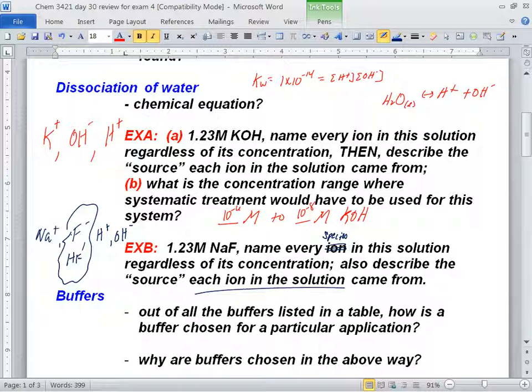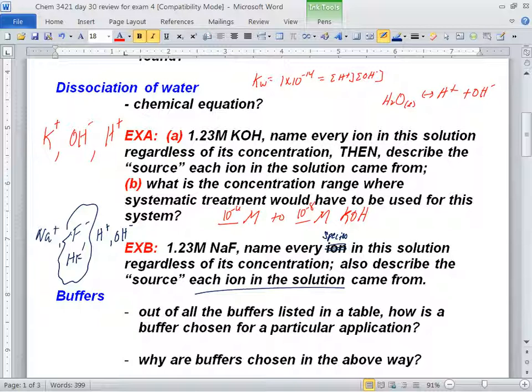So what is the source of the fluoride and the HF? The concentration of fluoride and the concentration of HF had better add up to be what number? 1.23. Because fluoride in all its forms is going to be 1.23 molar.